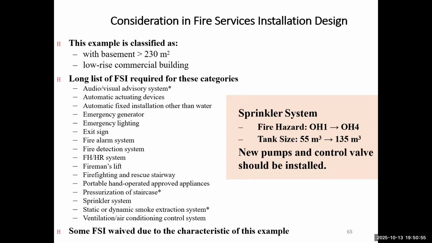Consequently, our water storage tank size should also be upgraded from just 55 cubic meter to 135 cubic meter. It is more than double. So new pumps and valves are also needed to upgrade the sprinkler system.